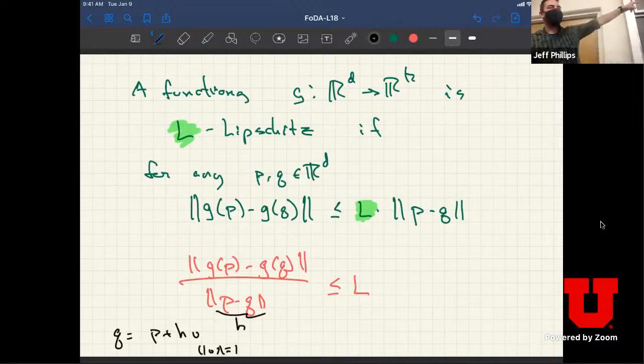So this is a property. I'm saying it's Lipschitz if there exists some L which is a constant, and if I know what that constant is, I can call it a value.